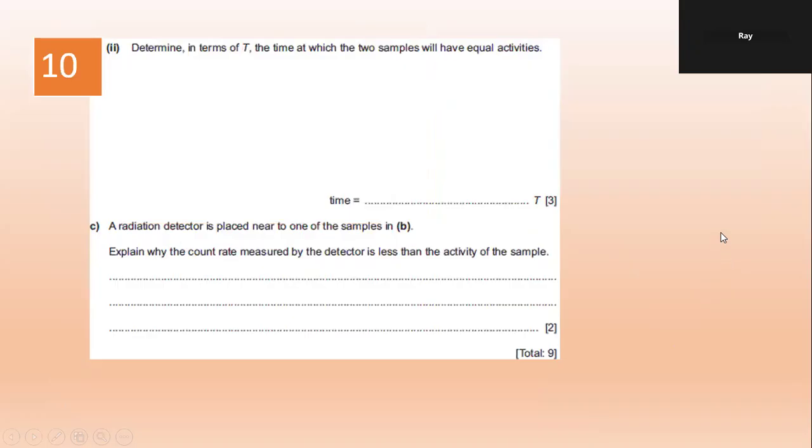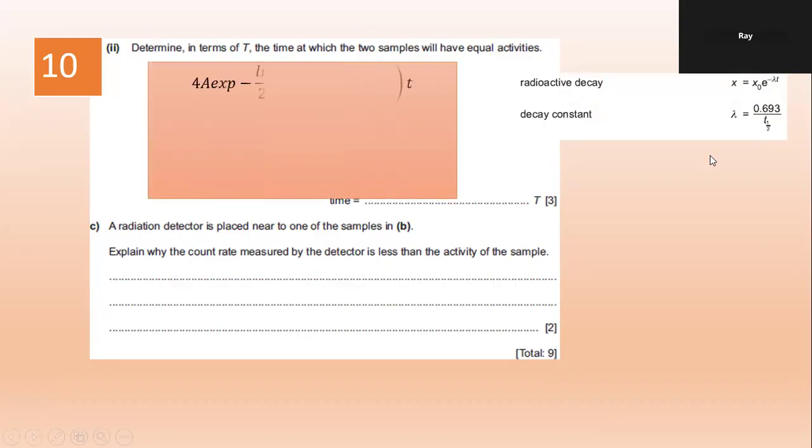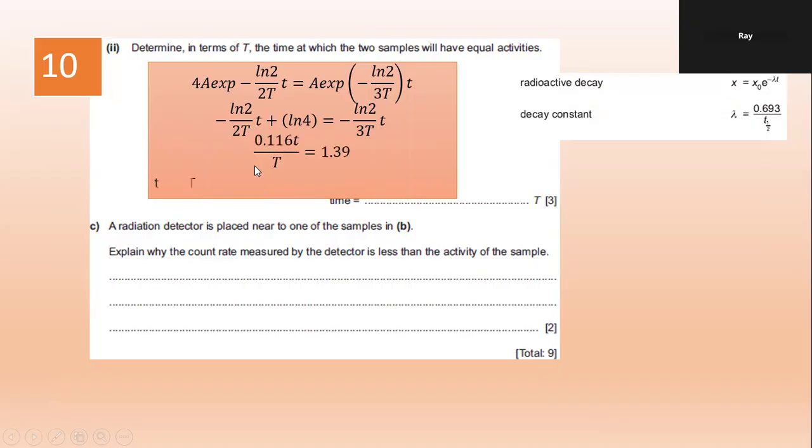Determine in terms of T, the time at which the two samples will have equal activities. It is given in your formula sheet. You want the activity to be the same. Okay, you got that? 12T.